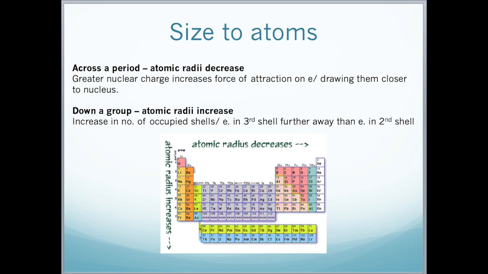So the net effect is a decrease in radius, as shown here. And when we go down a group, the atomic radius increases because we're adding electrons. So we go from 11 to 19 to 57, and obviously the nucleus is shielded by the inner electrons, so the electrons aren't pulled in as closely.